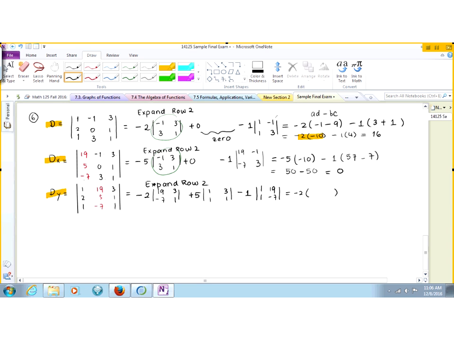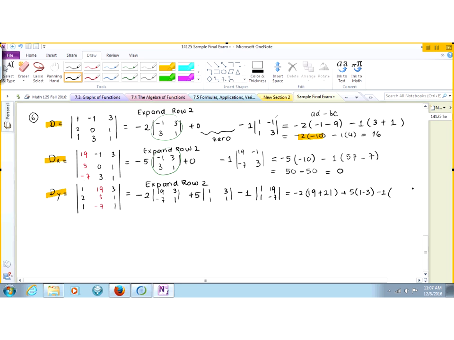So now, let's calculate. -2 times AD minus BC. What's AD? 19. And then minus negative number though, so it becomes plus 21. Plus 5 times, what is this? AD minus BC. 1 minus 3. What is 1 minus 3? Negative 2.